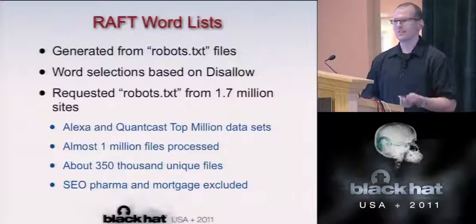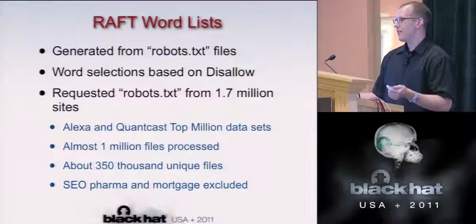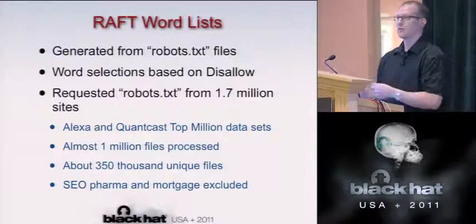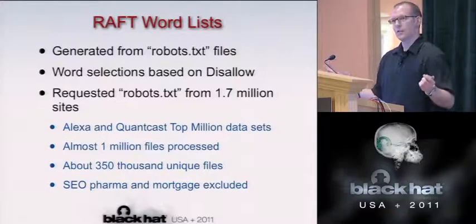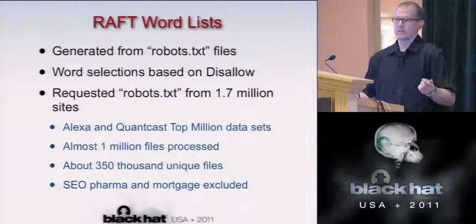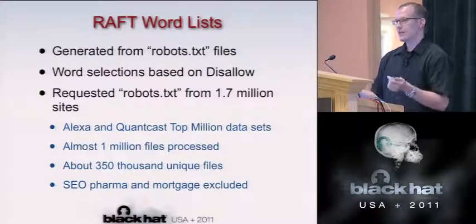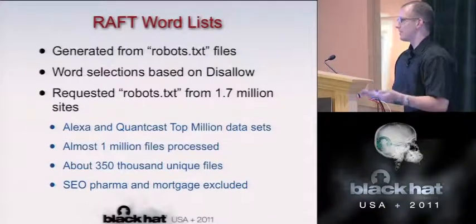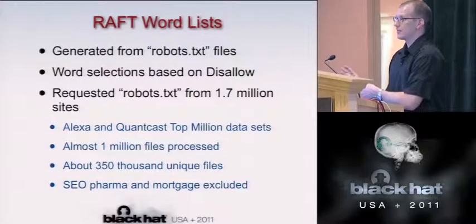Because those are the directories that they don't want web spiders going into. They say, oh, I don't want this on Google, so let me disallow Googlebot. Don't want to see it. So we said, okay, let's actually use that information. We don't have to crawl the site. Most likely, where there's a directory that says don't crawl here, there's probably a directory that exists there.